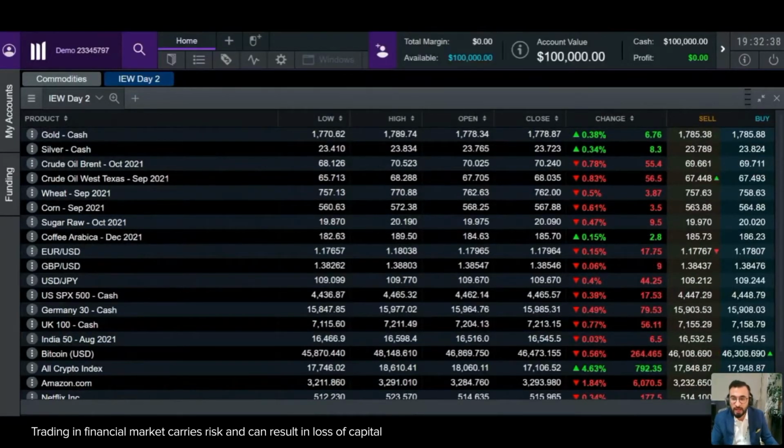Okay. Now, write it in your notepads. 3 a.m. Japan opens. 3 a.m. UAE time. Then from 4 a.m., 5 a.m. is when China and India open. Again, UAE time.